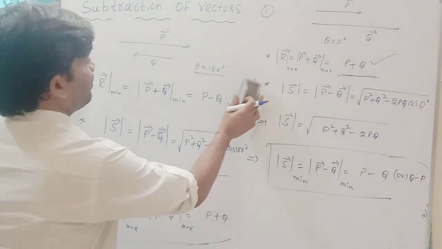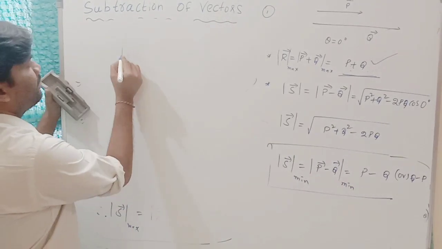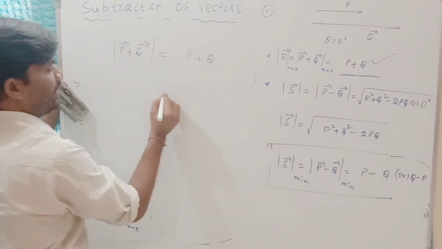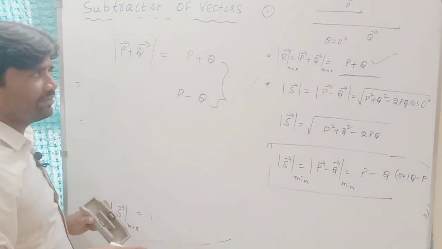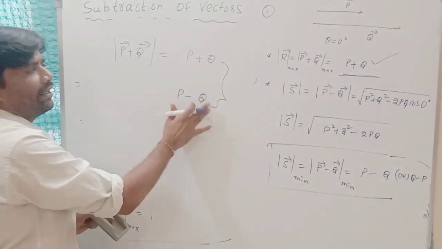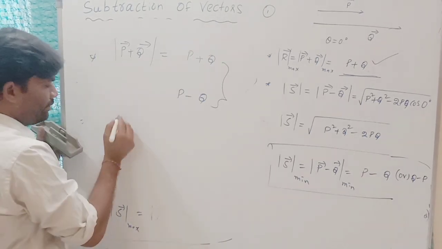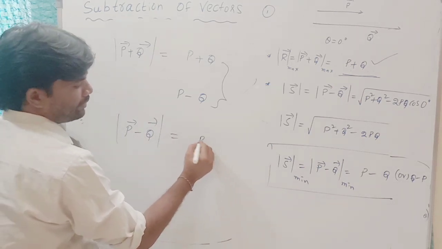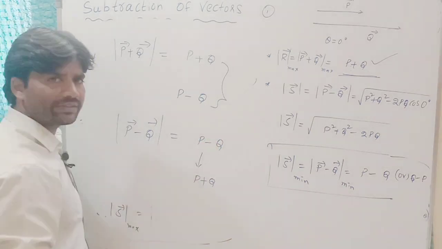Clear? So you can understand from this that mod of P bar plus Q bar may be equal to P plus Q, it may be equal to P minus Q, and it can take any value between these two based on angle between P and Q. Similar to this, the magnitude of P bar minus Q bar can also be P minus Q, it can be P plus Q, and it can take any value between these two.